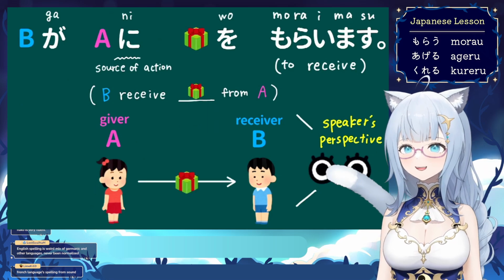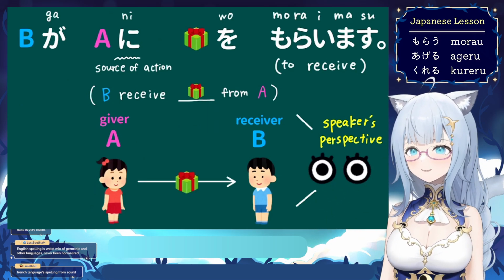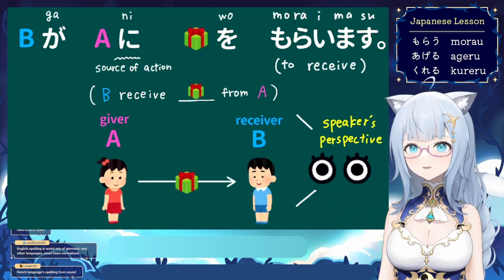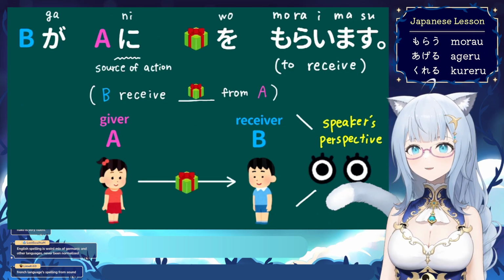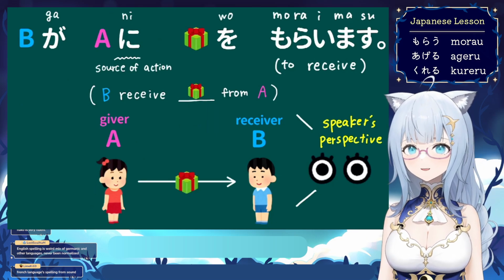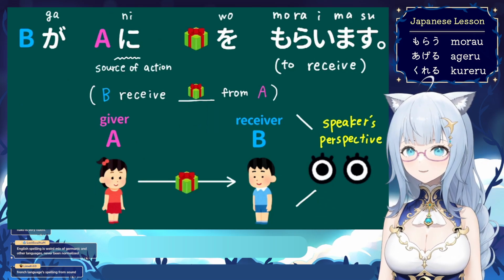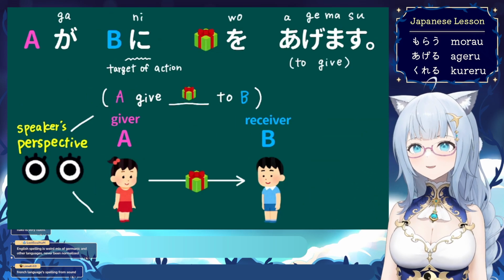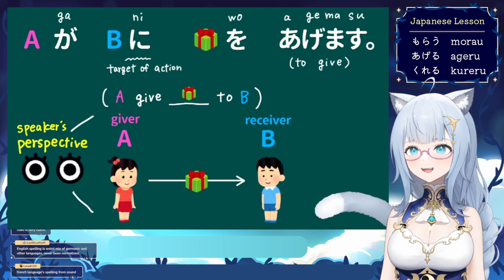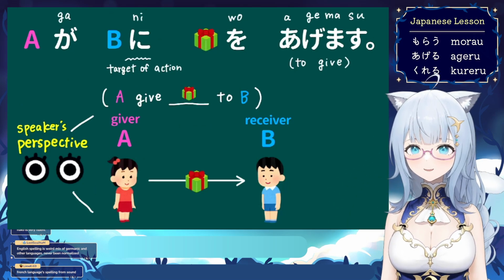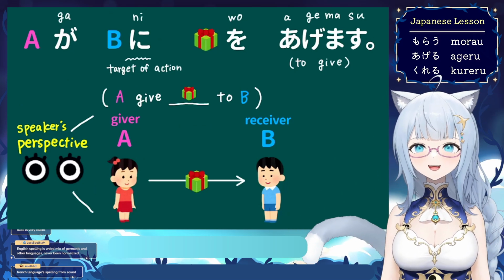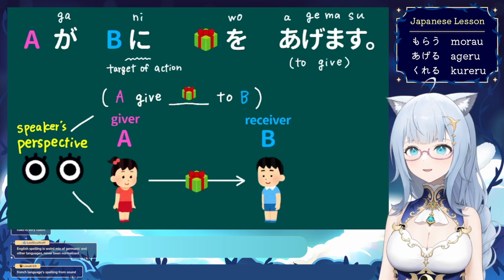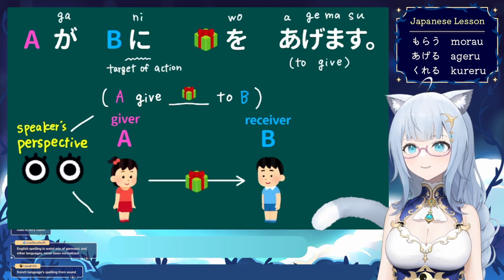B が A に何々をもらいます。B receives something from A. When receiving something, the speaker's perspective is always the receiver side. In an あげます sentence, A が B に何々をあげます。A gives something to B, and the speaker's perspective is the giver side.